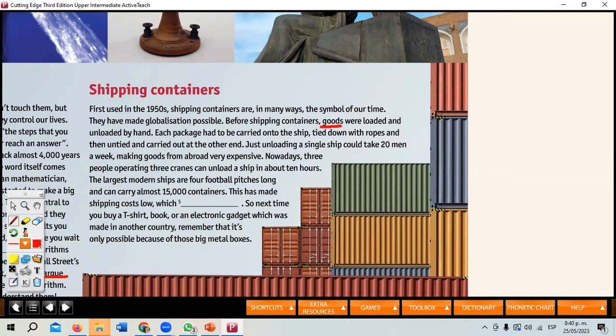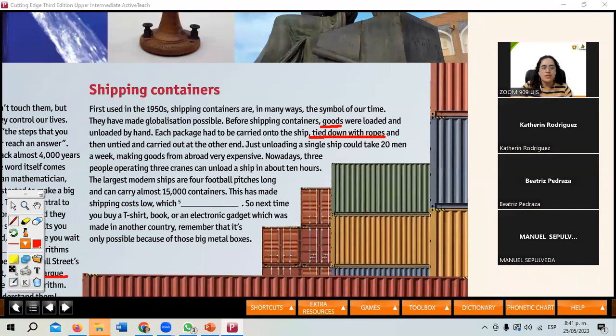Los bienes, yes. The goods were loaded, cargados, and unloaded, descargados by hand, okay? Tied down with ropes. What is this? To be tied down with ropes. Con cuerda. Yes, amarrados con cuerda, it's correct. And then untied and carried out at the other end.